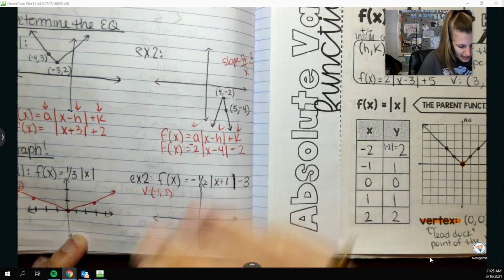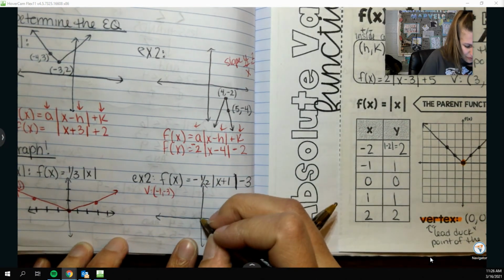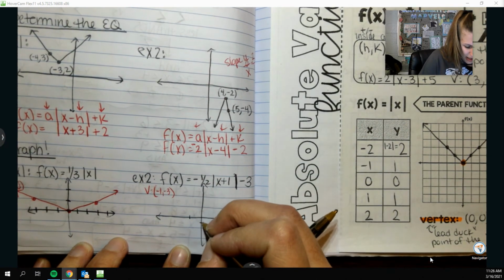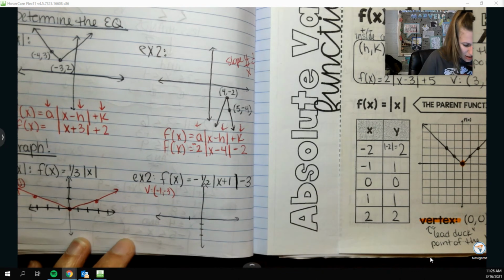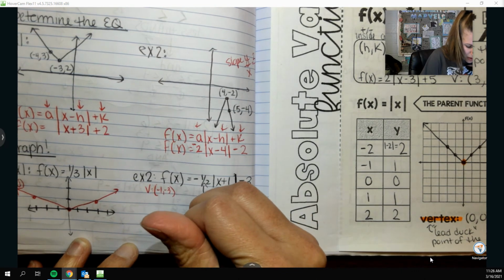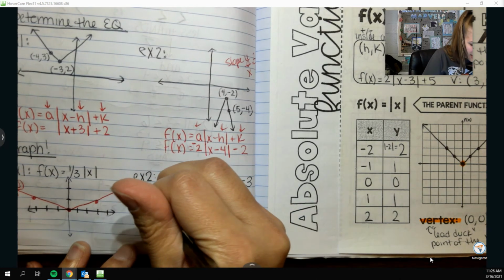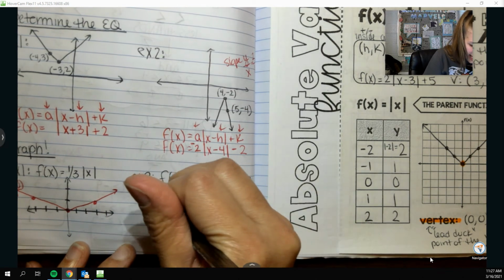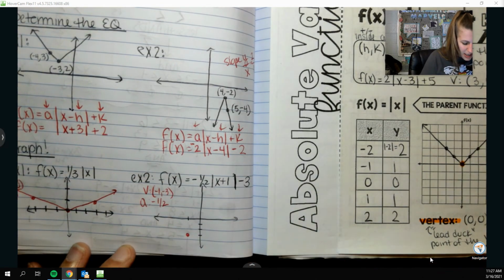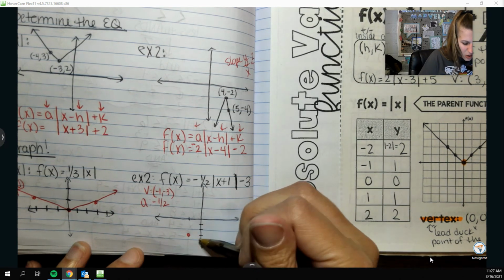And so I go plot that key point at -1, comma -3. That's where the point of my V is going to be. And then I want to find my slope, which is -1/2. So from here, I'm going to want to do down 1 over 2.